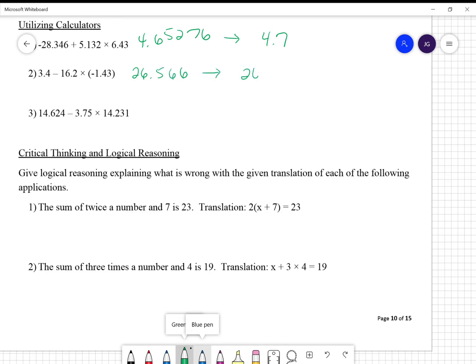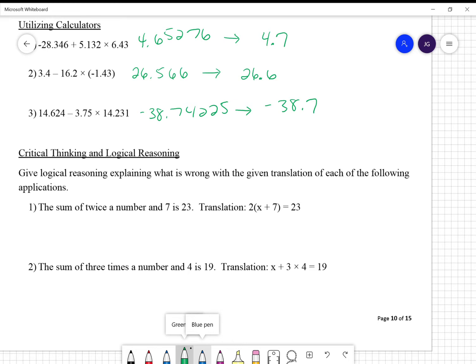I would accept 26.6. The last one, negative 38.74225, which would be negative 38.7 if you rounded it to the nearest tenth.